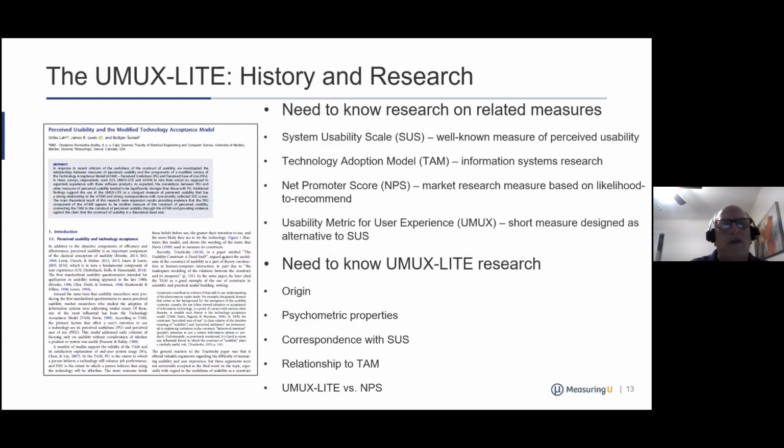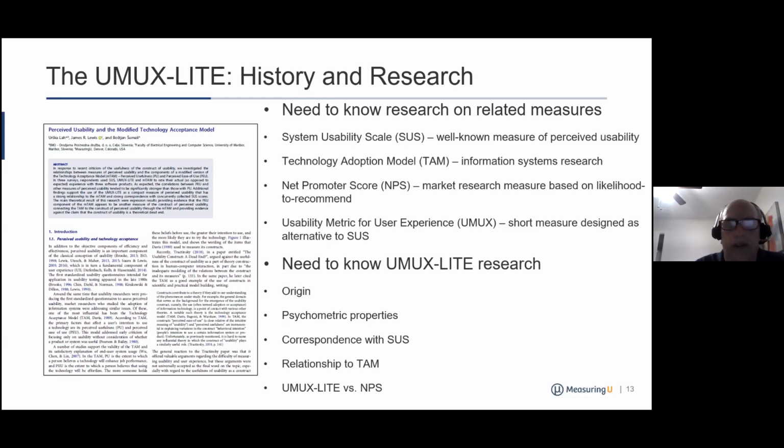So as we move forward, we're going to cover pretty quickly some research on the System Usability Scale, the technology adoption, that should have been acceptance, I'm always doing that, and the Net Promoter Score, and a relatively new measure of perceived usability, the UMUX-LITE.